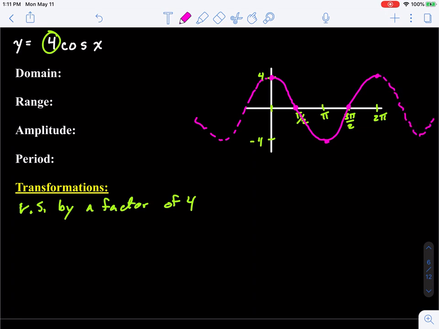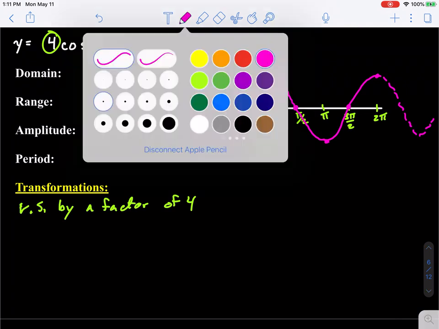Now notice the sine graph and the cosine graph, they look very similar to each other. And in fact, y equals sine of x and y equals cosine of x are the same graph, except one of them is shifted pi over 2 units from the other one. That's the only difference. If you think about the sine graph, let me just go ahead and show you right here.